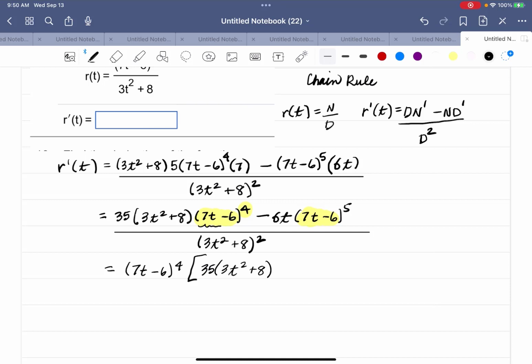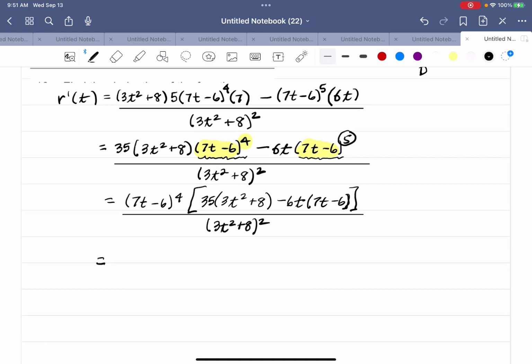And I've already taken out all of this 7t minus 6 to the 4th. So that's going to give me, for the next term, minus 6t. And I've taken out 4 7t minus 6 factors, so I need one more to make the total here of 5. So that's minus 6t times 7t minus 6. All of this still over 3t squared plus 8 squared.